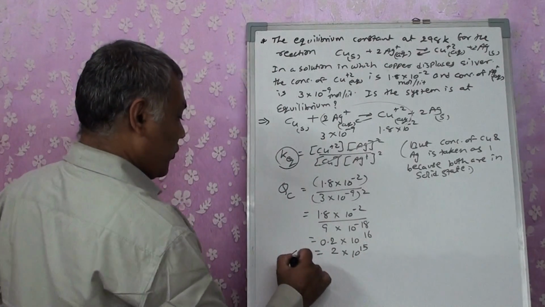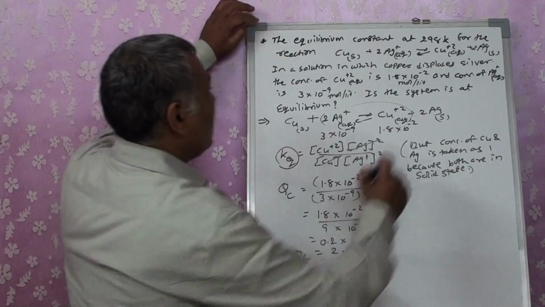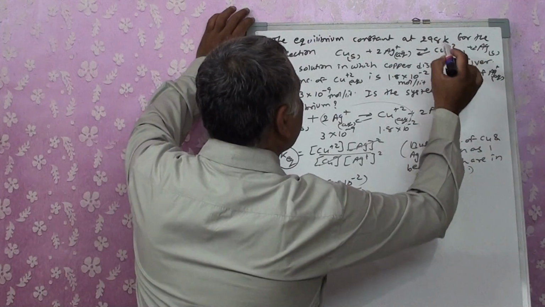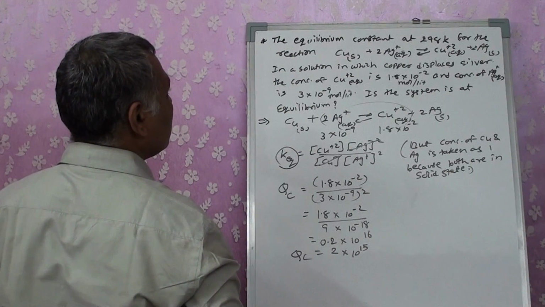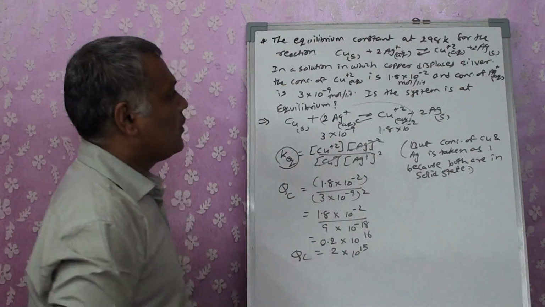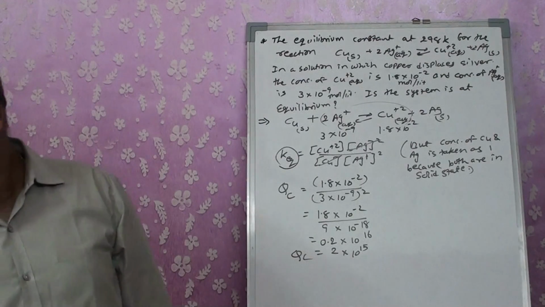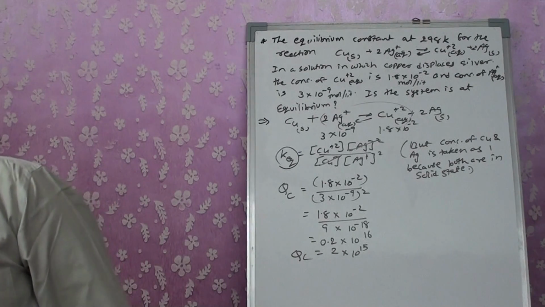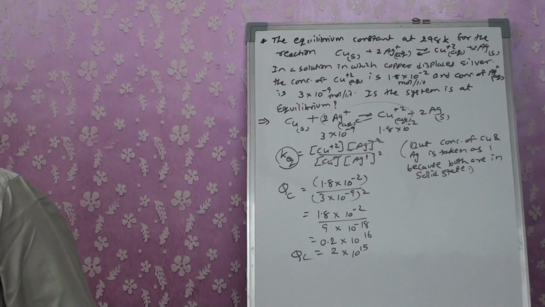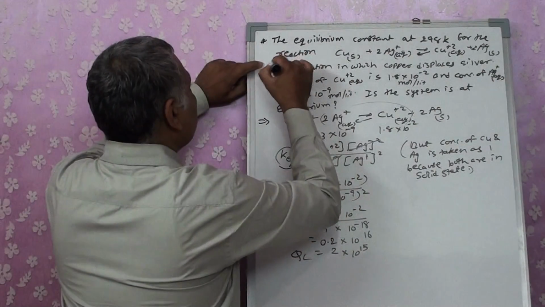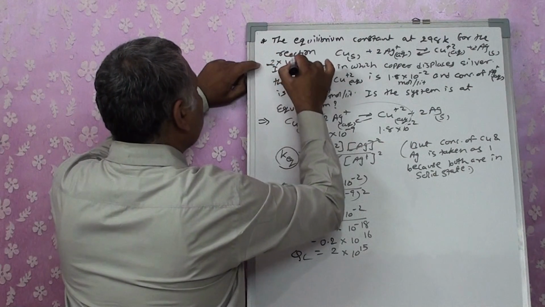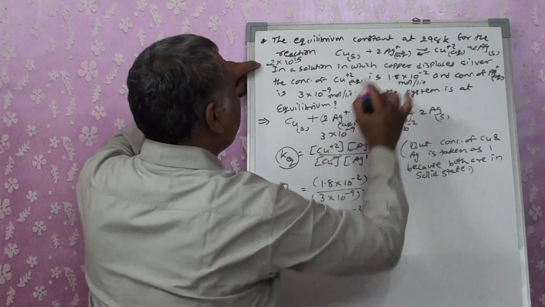This is Qc, and Kc is given to me. The value of Kc was given, but I just missed writing it. It's given to us as 2 into 10 raised to 15, the equilibrium constant for it.